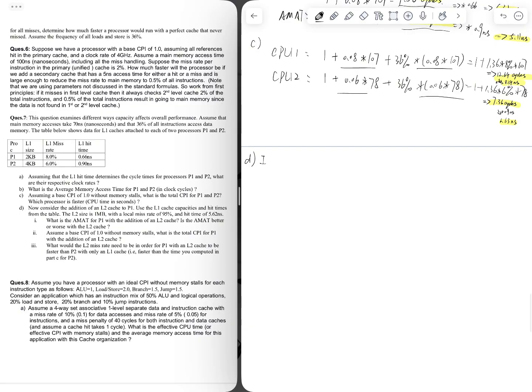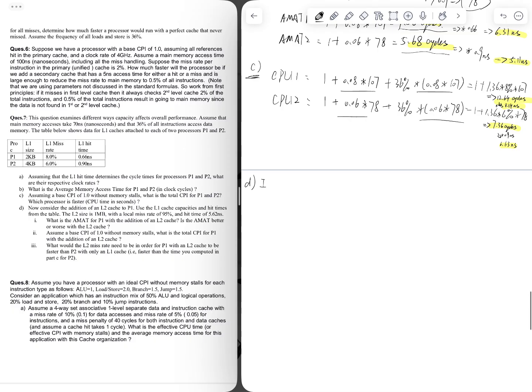Oh, I forgot that we need to compare which one is faster in part C, right? So that's quite obvious: 6.63 is smaller than 8.34, so P2 is better, or faster, okay?